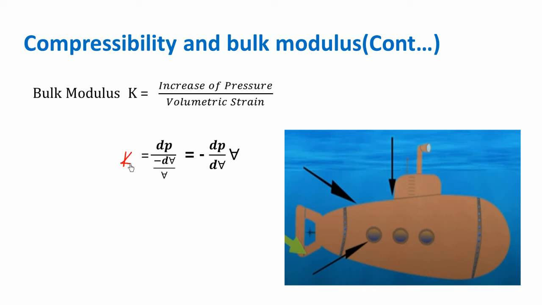Now we know that compressibility is the reciprocal of bulk modulus, so we will write compressibility simply as 1 by K. Okay, you can see in the images. If there is more compressibility, the equipment is going to be damaged.